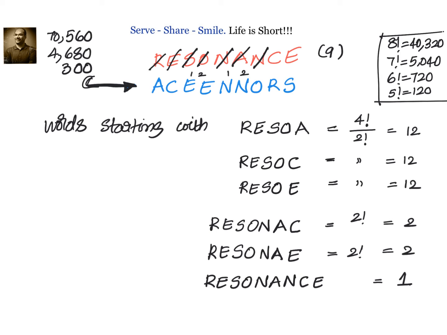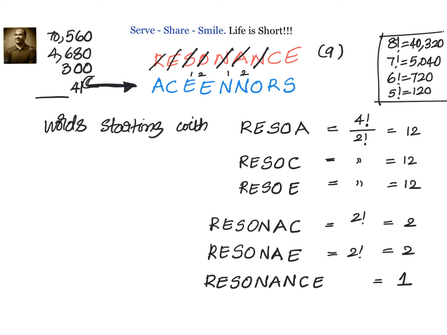So we have RESONANC. Now let's add this, what we got here, 36 plus 40, 41.